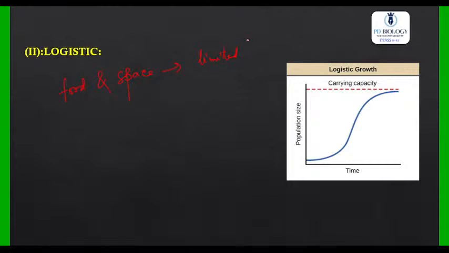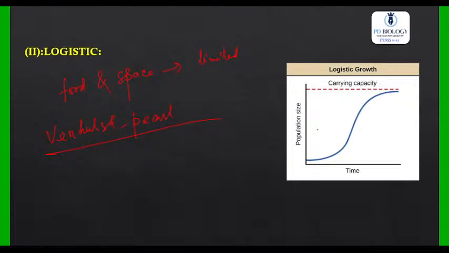This leads to competition between the individuals. Because of this competition, the fittest individuals survive and reproduce. That is the logistic growth. This type of growth is called, you know this one, Pearl logistic growth.